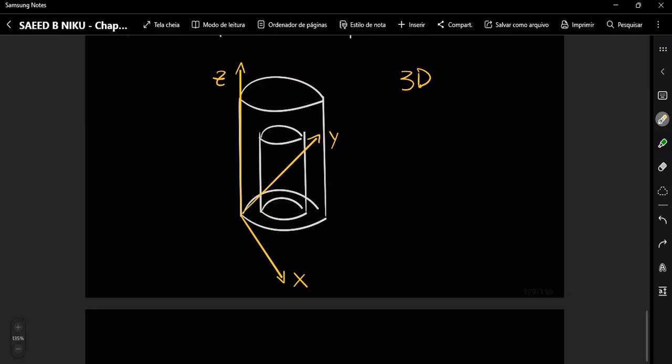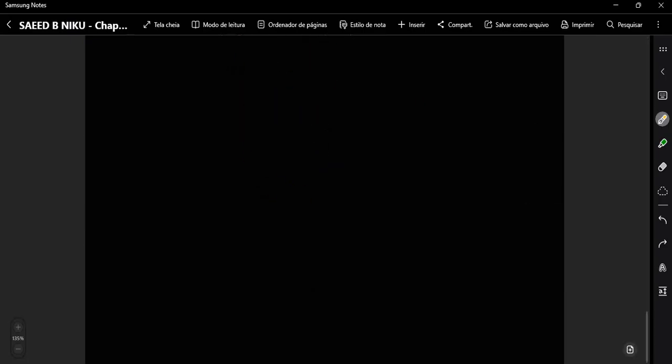It's a sequence of transformations, and for a translation transformation we are referencing the transformation to only one axis, but for a rotation we are referencing two axes. Now let's start with the spherical coordinate system.